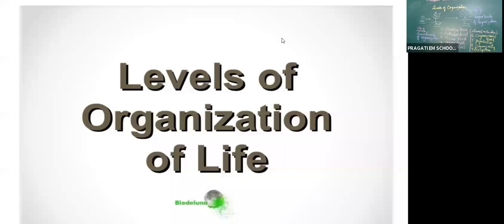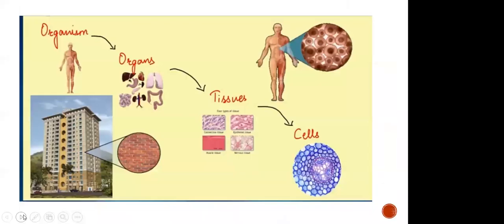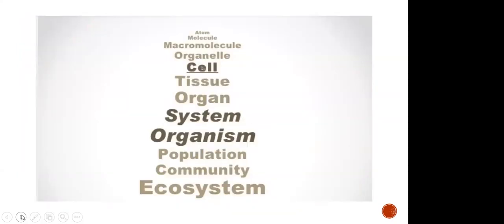Now let us discuss the cellular level of organization. That means how cells are converted into an organism. Organisms are composed with the help of organs, tissues and cells. We already discussed that, and this is the level of organization.